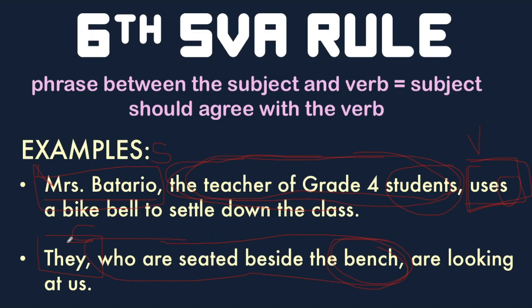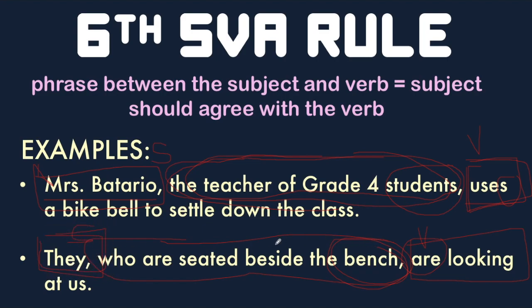Can you find the verb for me? Great. Are looking. And again, we're going to look at the linking verb here. It's in the plural form because our subject is they, which is also in plural form.